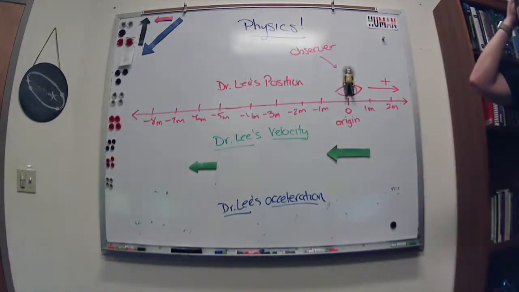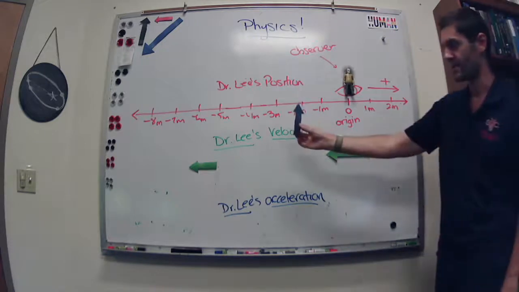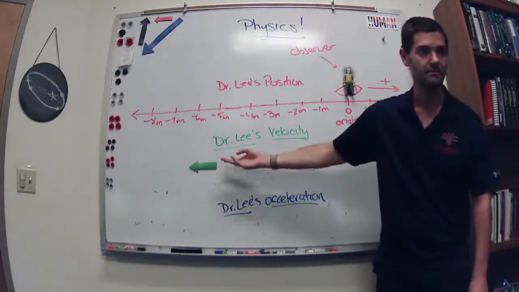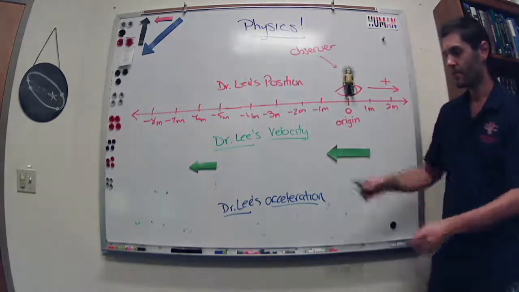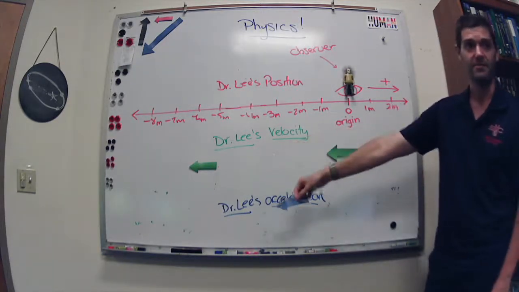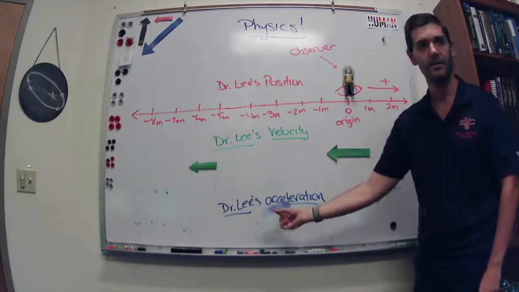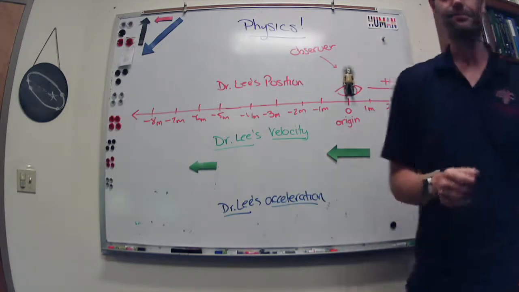What is my acceleration, or what if I were to put my acceleration down? Clearly my velocity has changed. These arrows are not the same length. So I need to put down this arrow in some way, but do I point it towards the left or do I point it towards the right? And then can I argue why?